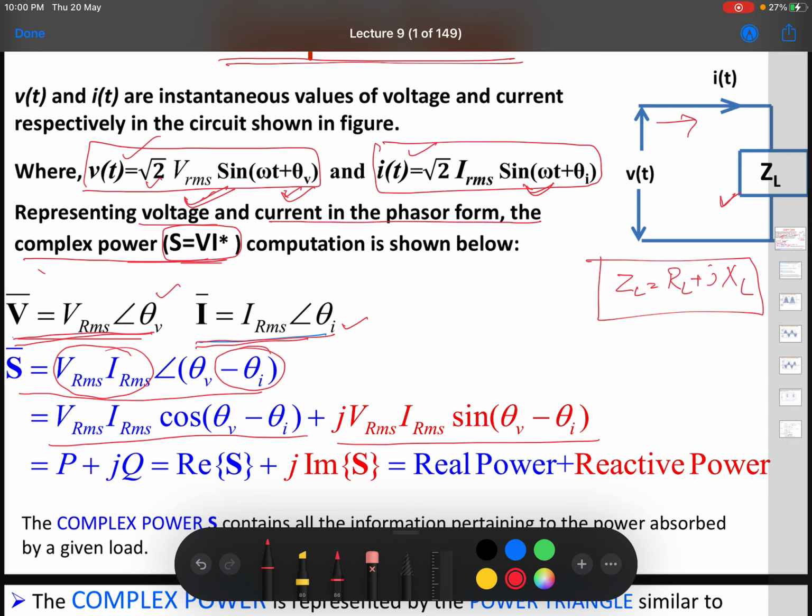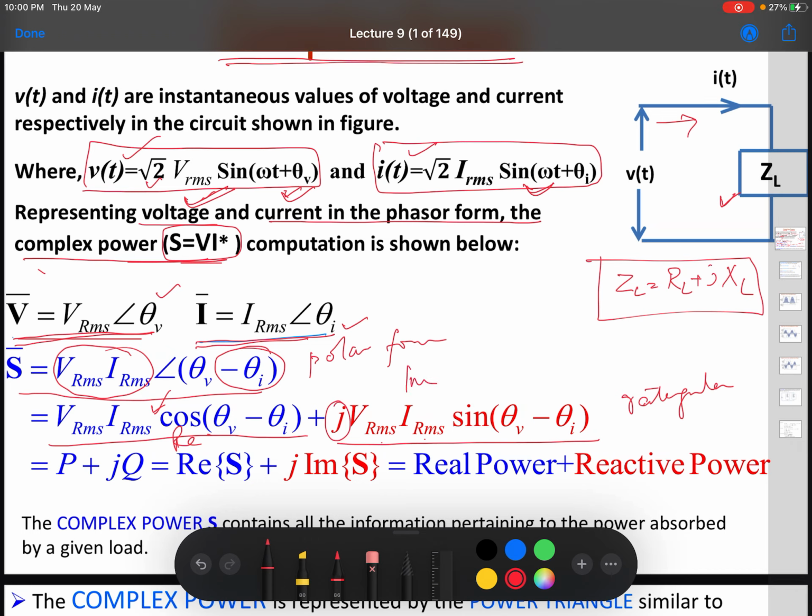So phasor form, which is also called polar form, to rectangular form. In rectangular form, V RMS I RMS cosine part is the real part, and this is j times V RMS I RMS sine, the imaginary part.